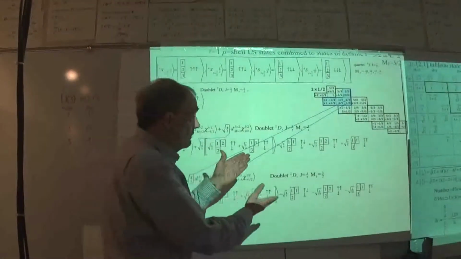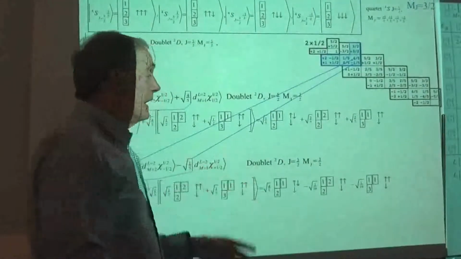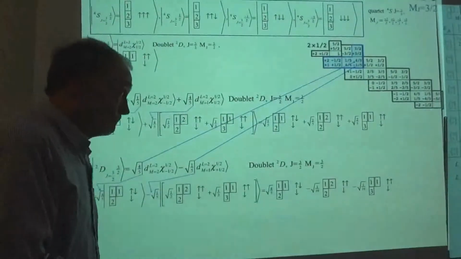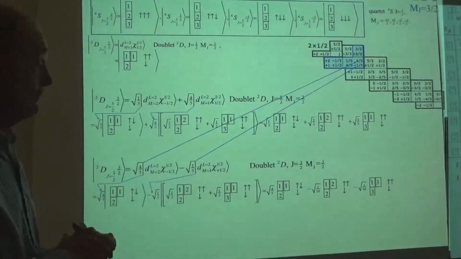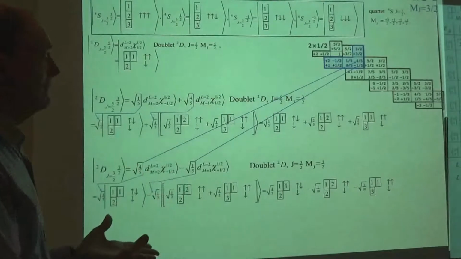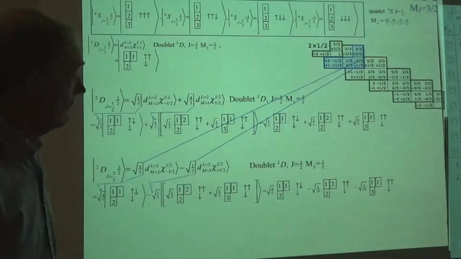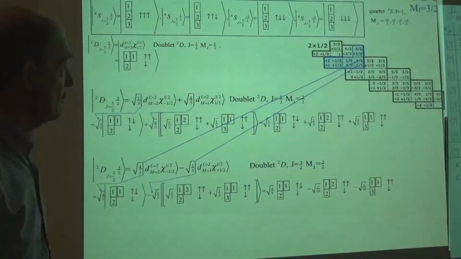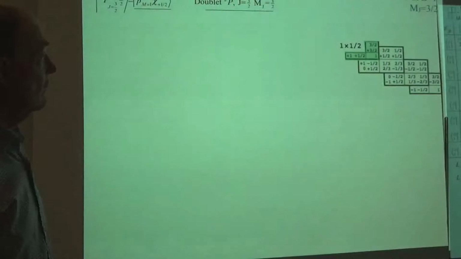What I'm doing is collecting these, because these are what we need to apply the, well, I call it the assembly formula. It's actually a disassembly formula, the way we're going to use it, but that's a very powerful way to look at all of the symmetry and anti-symmetry that plagues us for problems like this.